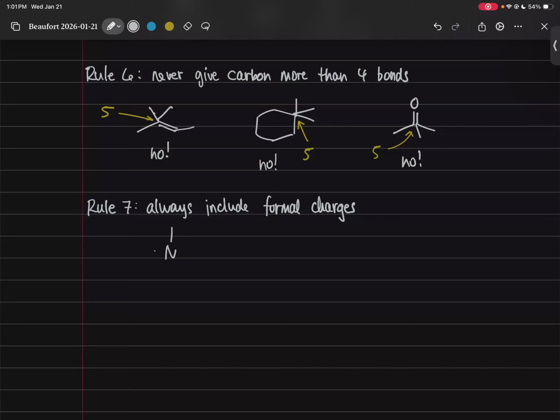So for example, this nitrogen has 4 bonds, and this is a classic example from the formal charge cheat sheet. That has to have a positive charge. You cannot draw the nitrogen with 4 bonds and no positive charge. That's always wrong.